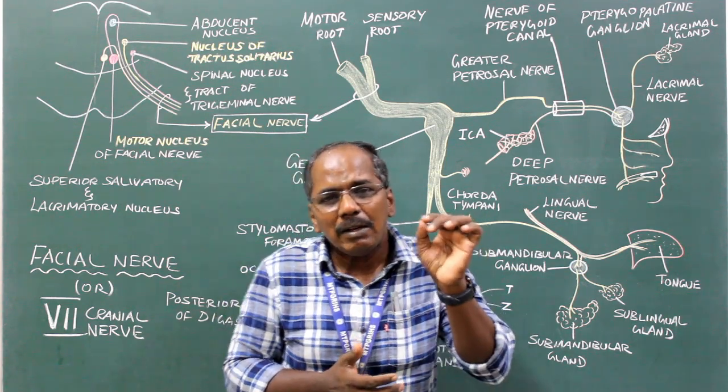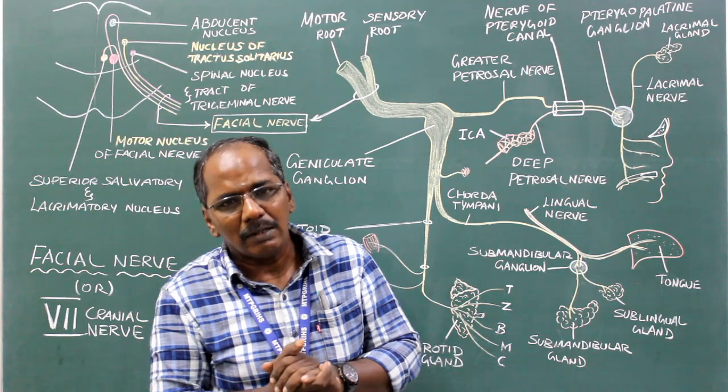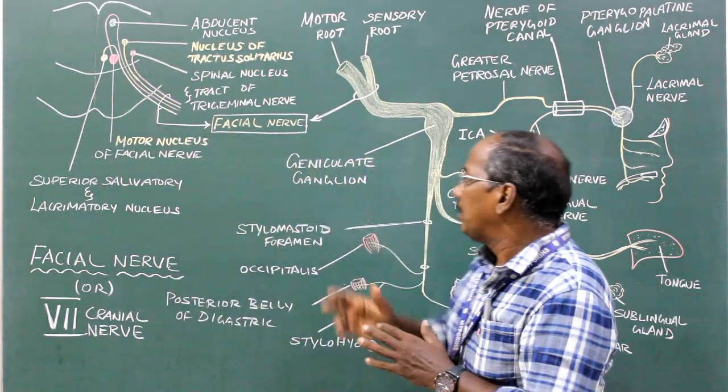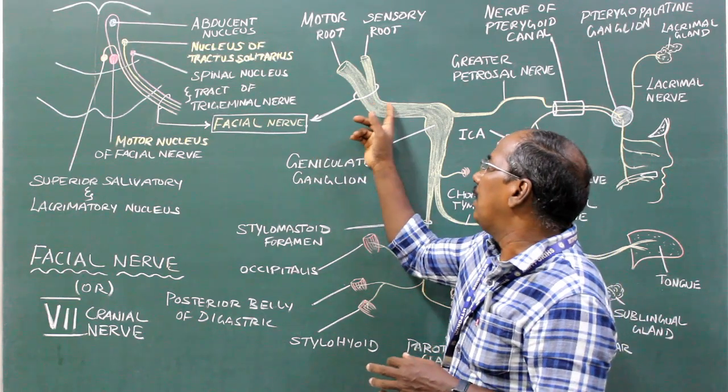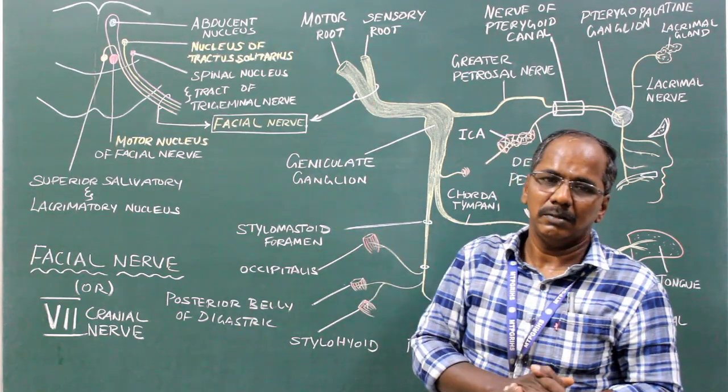On the lateral end of the internal acoustic meatus, the two roots join to form the main trunk of the facial nerve.